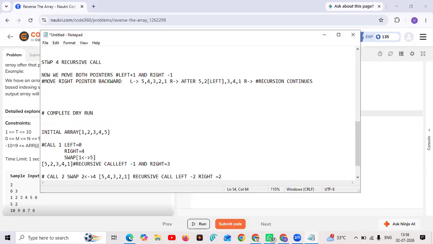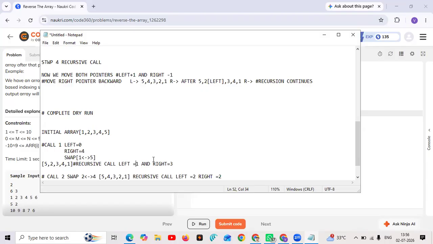Here the pointers are meeting each other. So it's not minus 1, first of all, it's equals to. In call 1, left was on index 1 and right was on 3.